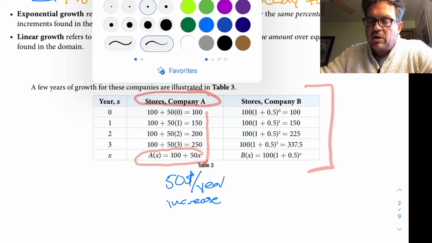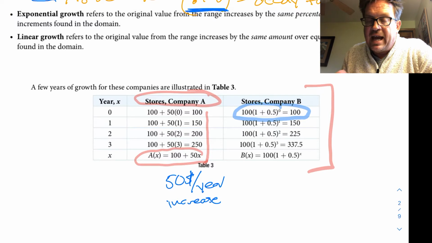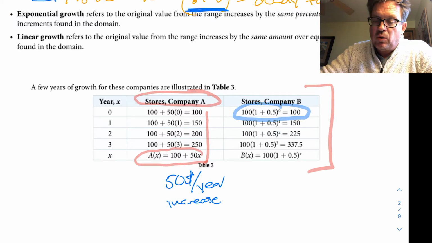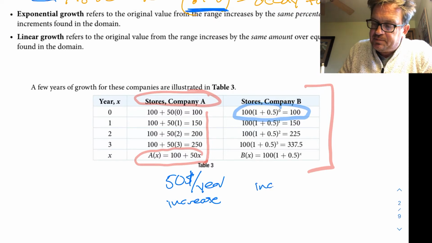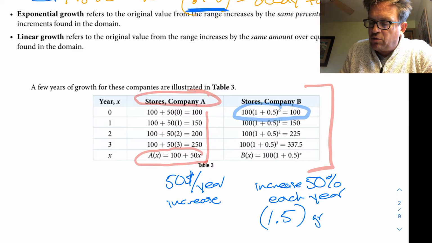What about the other company where instead of adding an extra 50 every year, they're multiplying by 1.5. So what that means is that's increasing by 50% every year. And if you increase by 50%, you multiply by 1.5 as the growth factor.